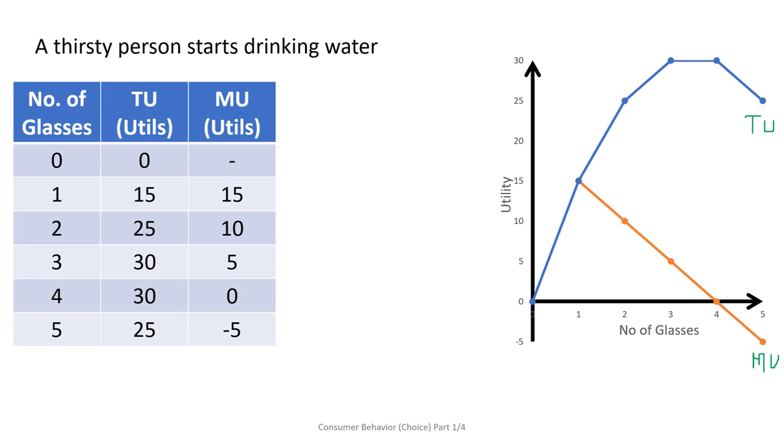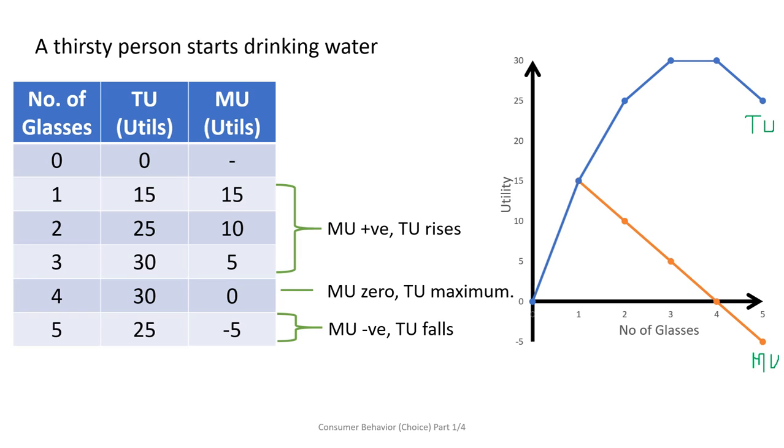We can also see that in the region where marginal utility is positive, the total utility is rising. When marginal utility became 0, the total utility reached its maximum. And when marginal utility became negative, the total utility starts falling.